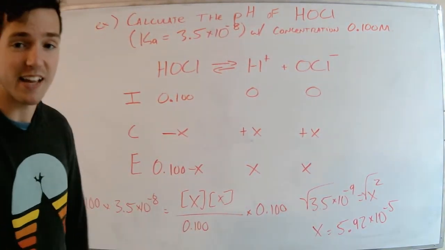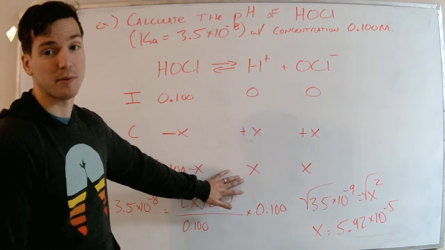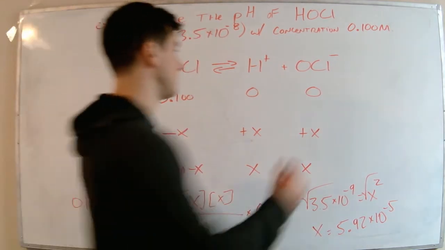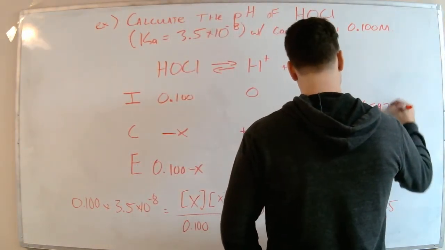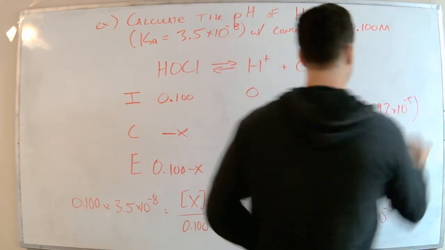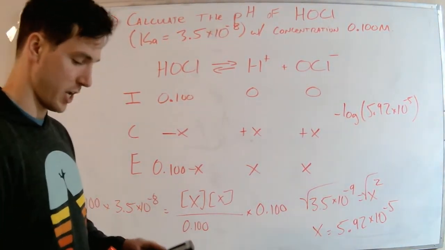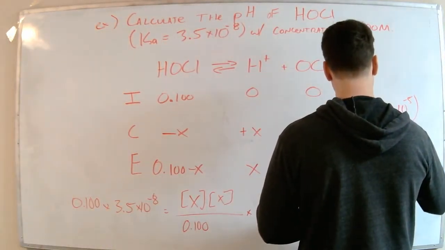Well, what is x again? It is my H plus at equilibrium. So now we just negative log that guy to get pH. So negative log of 5.92 times 10 to the negative 5th is going to give me my pH of 4.2. We'll go 3.